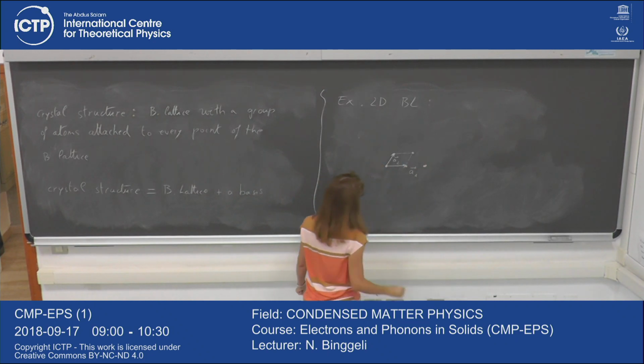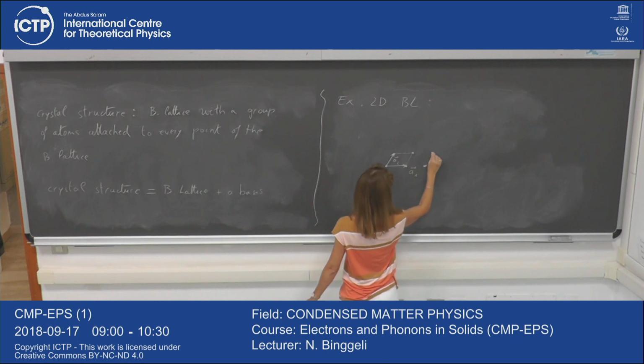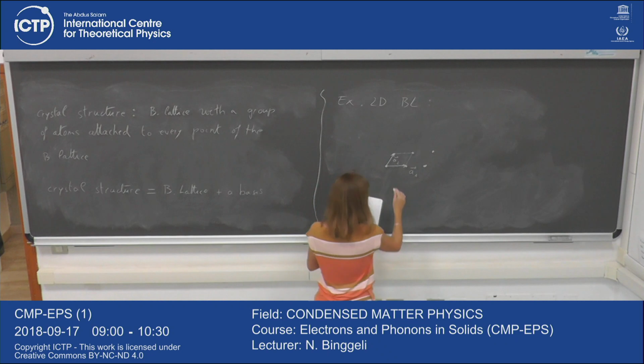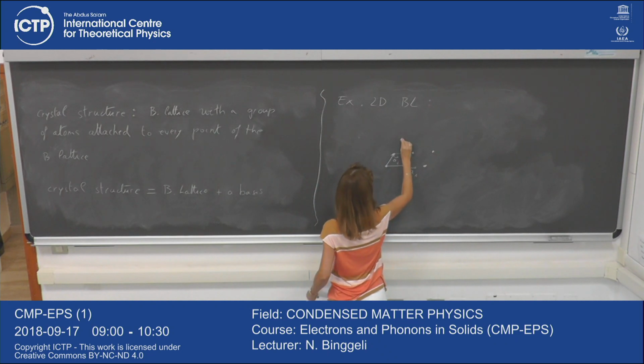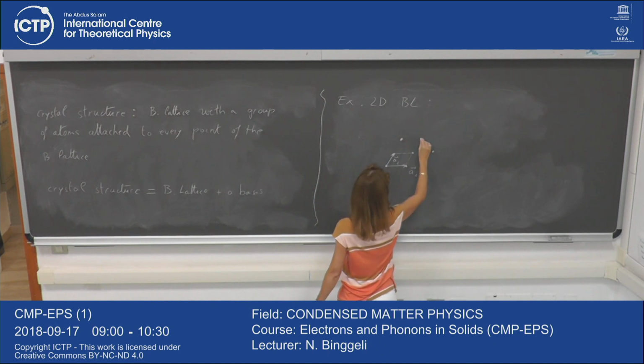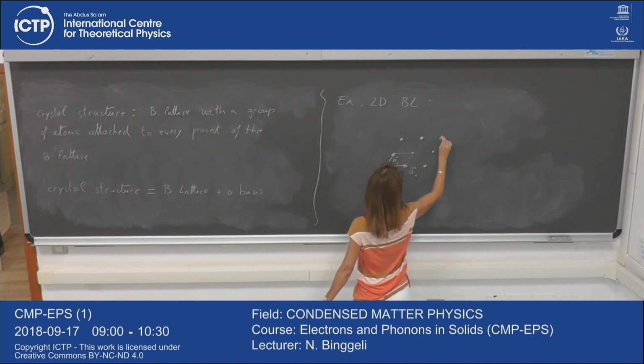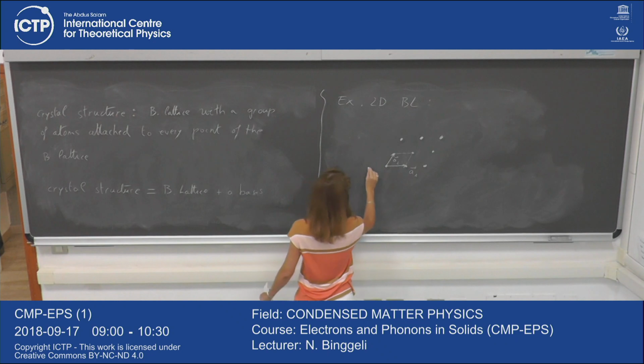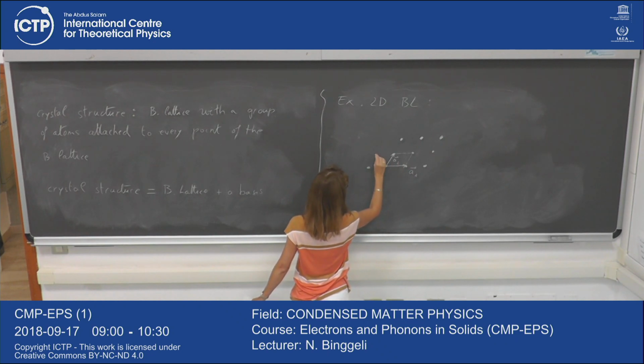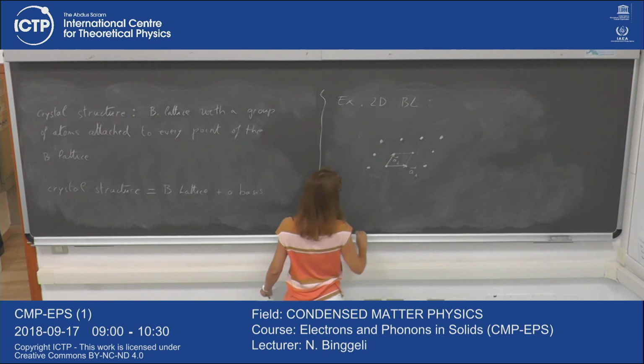This is 2 times a1, this is 2 times a1 plus a2, 2 times a2, and so on. This is minus a1, this is minus a1 plus a2, and so on.